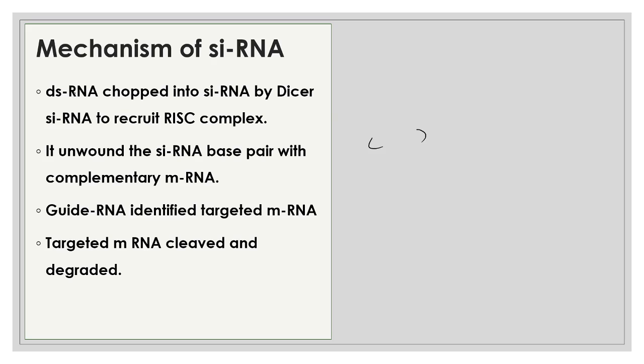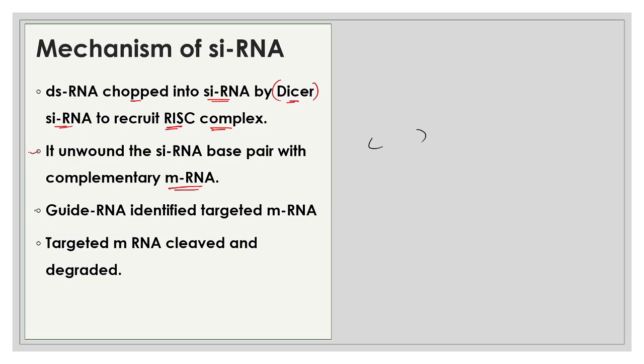Firstly, we focus on the points. First point: double-stranded RNA is chopped into siRNA by Dicer. Second, siRNA recruits the RISC complex, which unwinds the siRNA. Third, the unwound siRNA base pairs with complementary mRNA.